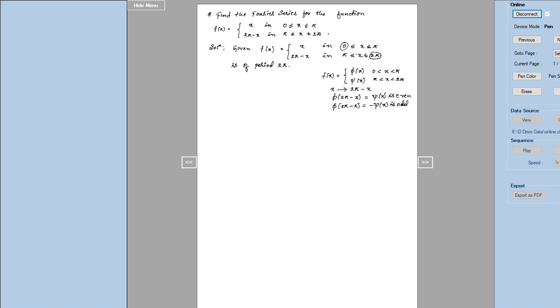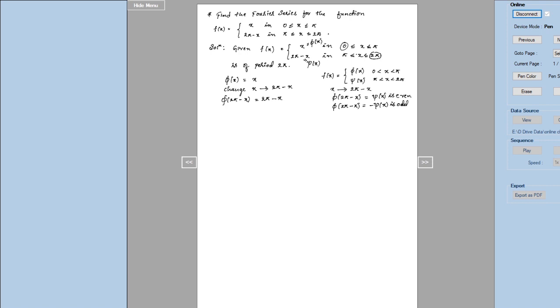Likewise, x is defined as phi of x and 2 pi minus x is defined as psi of x. Now consider phi of x, which is equal to x. Change x to 2 pi minus x here. So we get phi of 2 pi minus x equal to 2 pi minus x.